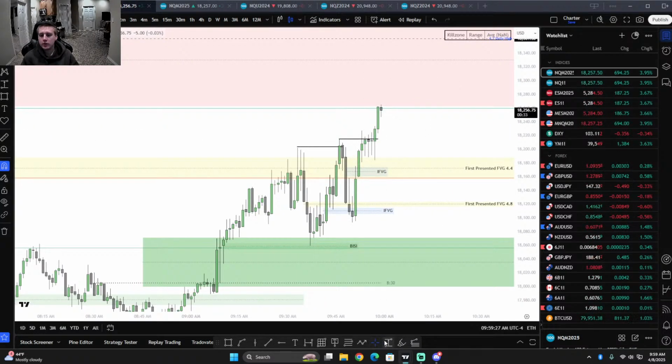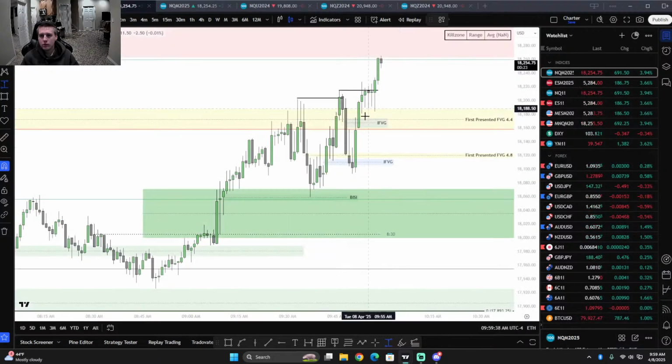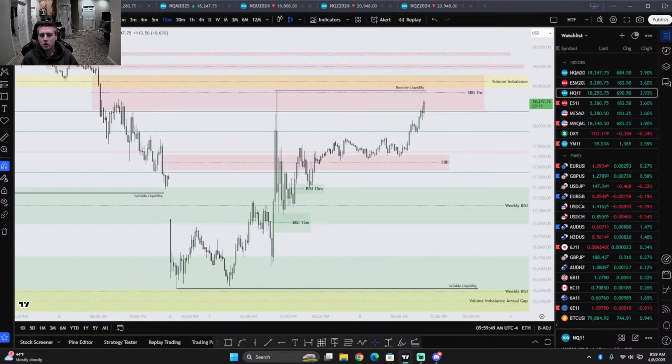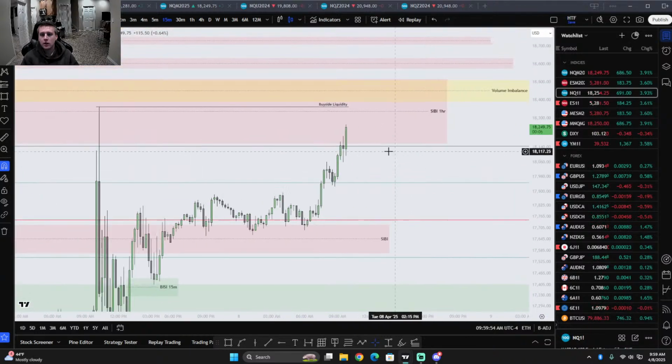NQ never traded into its equivalent fair value gap. What time is that? 9:52. Those solid 15-minute fair value gaps hit, and then we're respecting that order flow.